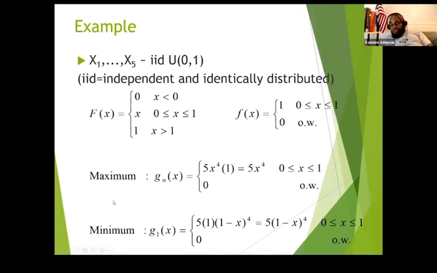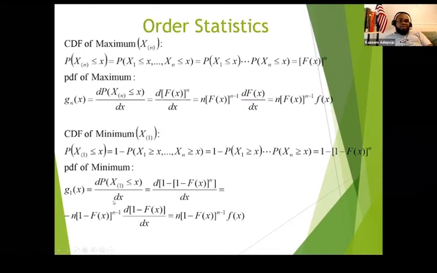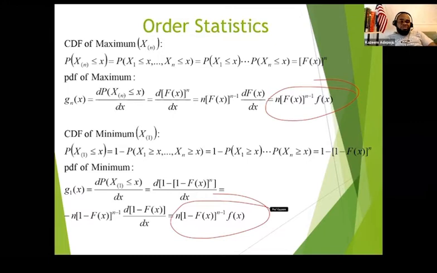I've walked you through this the other time. The PDF of the maximum is that guy, and that of the minimum is this guy here. We're going to make use of these two to derive the PDF of the minimum and the maximum.